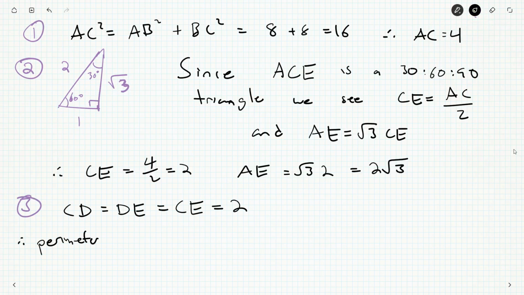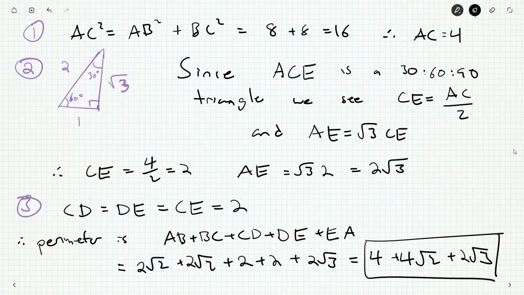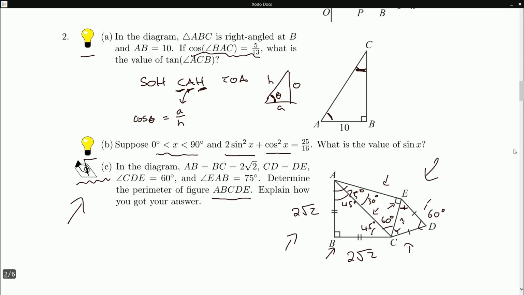Perimeter is AB plus BC plus CD plus DE plus EA, which is 2 root 2 plus 2 root 2 plus 2 plus 2 plus 2 root 3. There's not really a simple way to write that. I'm just going to say 4 plus 4 root 2 plus 2 root 3, and that's really the best way to write it. Okay. And that's all they were asking for, right?